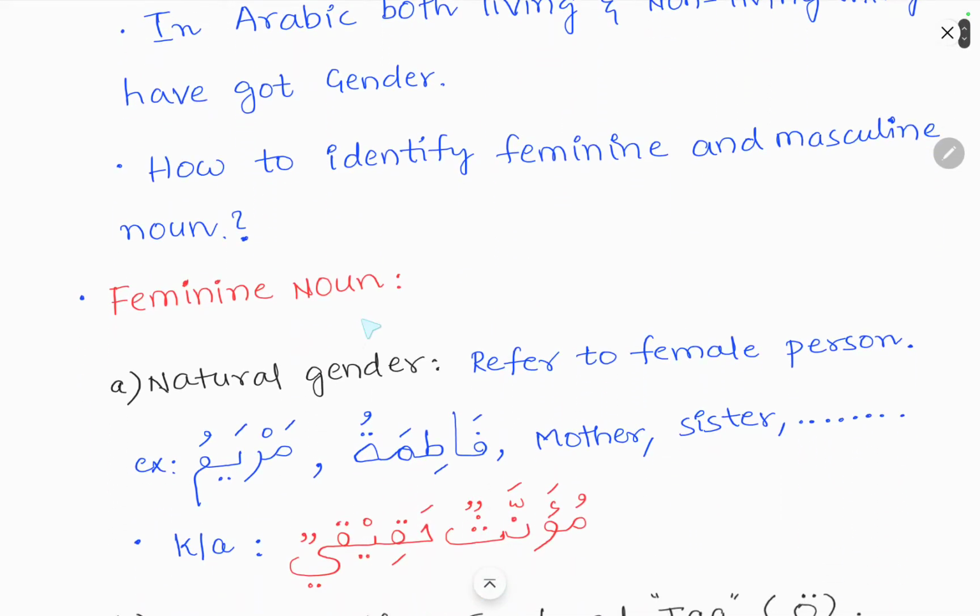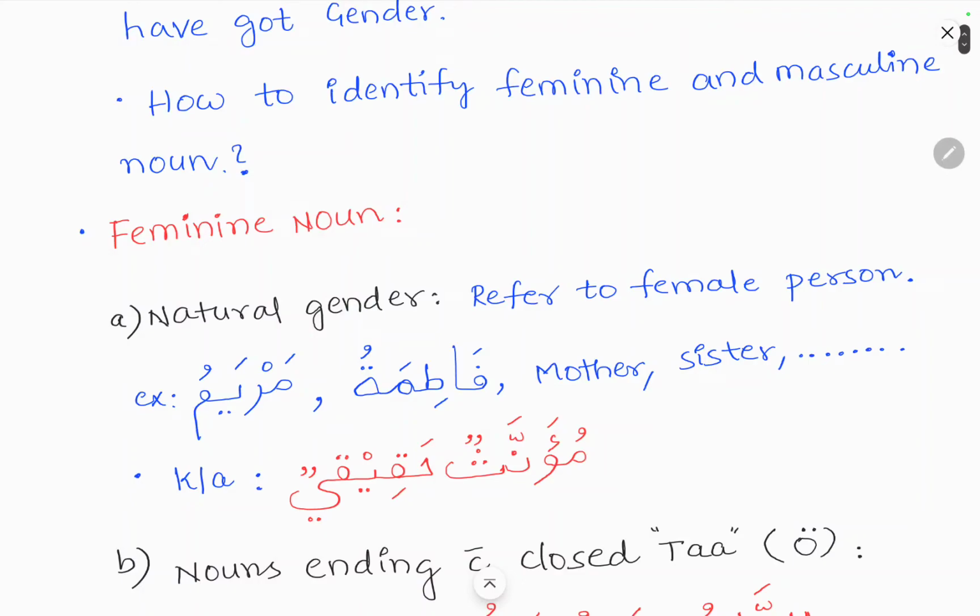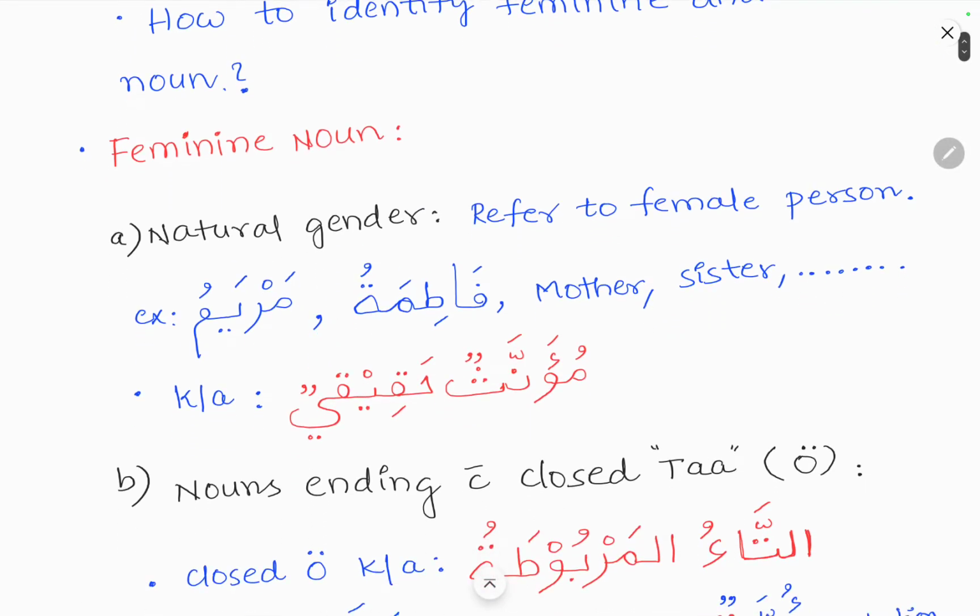So let's first see how to identify a feminine noun. There are three rules in order to identify a feminine noun. First one is natural gender. Any noun which refers to a female person is a feminine noun. For example, Maryam, Fatimatu, mothers, sisters.